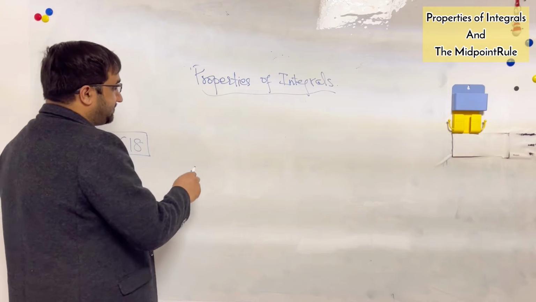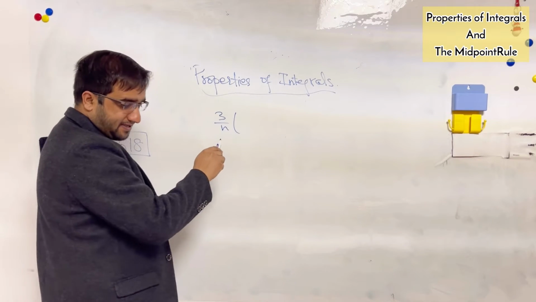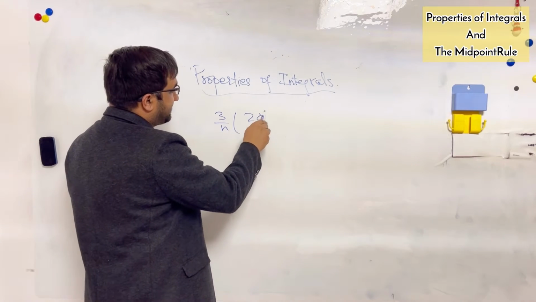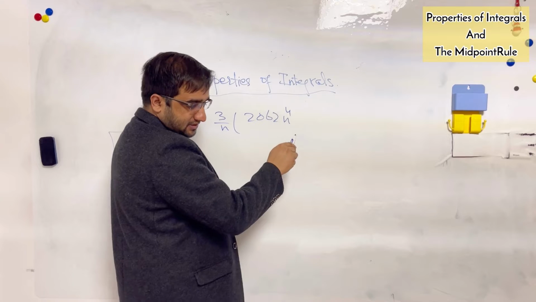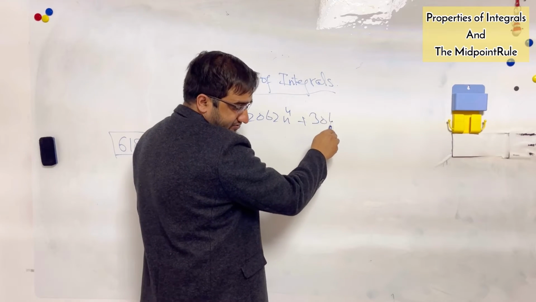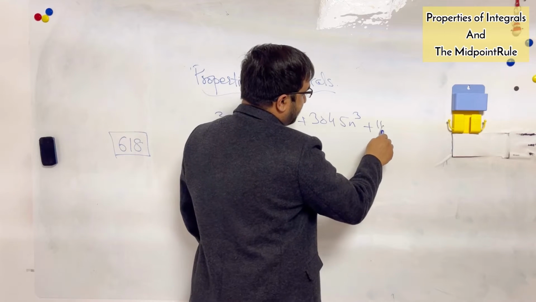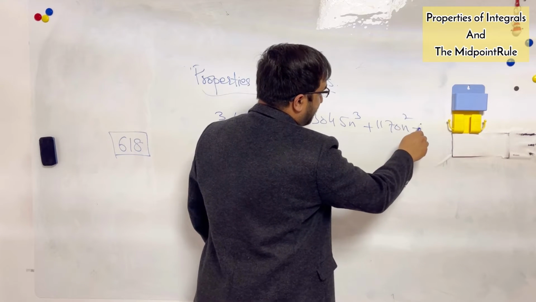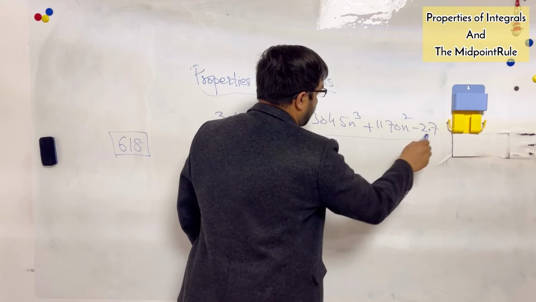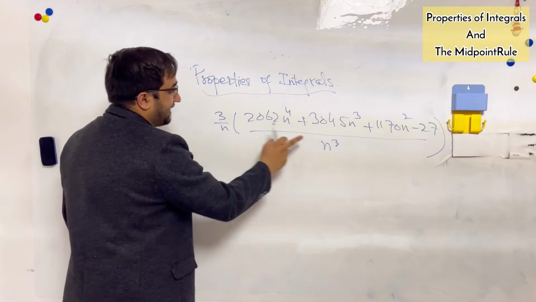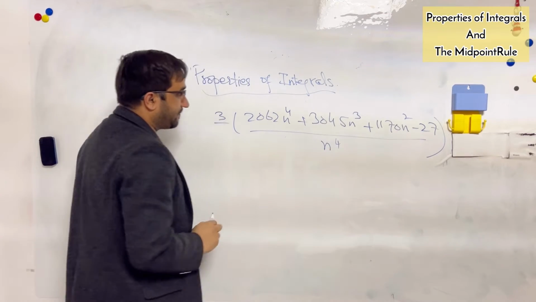The terms were 3 by n into 2062 n^4 plus 3045 n^3 plus 1170 n^2 minus 27, divided by n^3. Now if I take this n inside, it will become n^4.